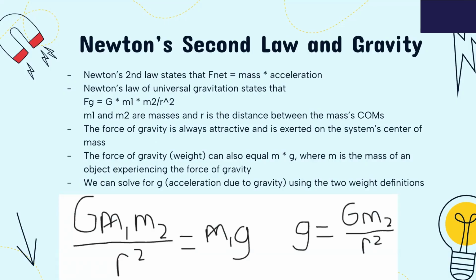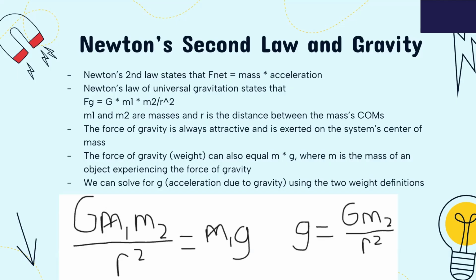And Newton's law of universal gravitation states that the force of gravity exerted between two objects is equal to G, a constant, times m1, the mass of one object, times the mass of the second object, divided by the distance squared. And the distance refers to the distance between the objects' centers of mass. Also, the force of gravity is always attractive, and it is exerted on the system's center of mass.